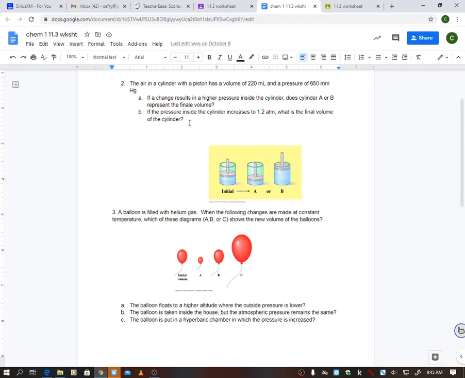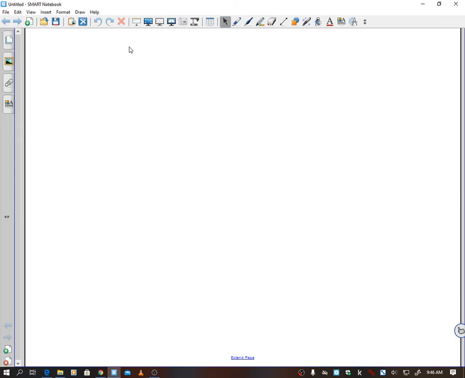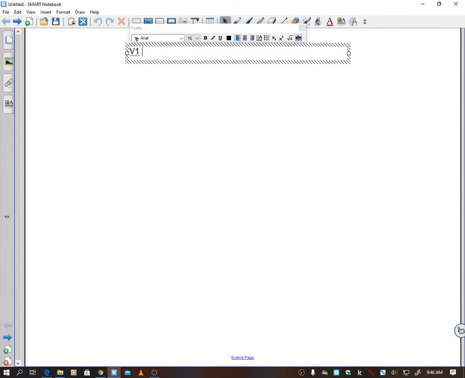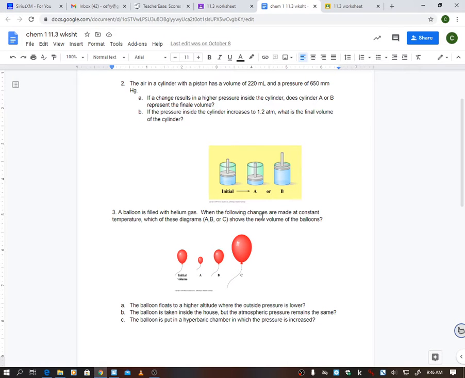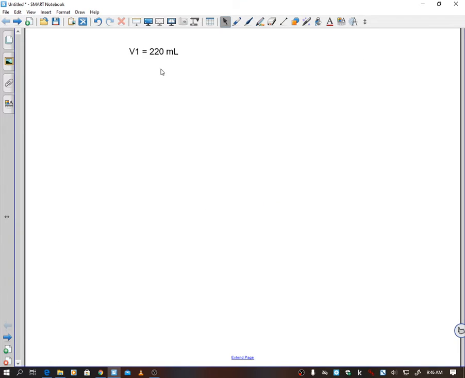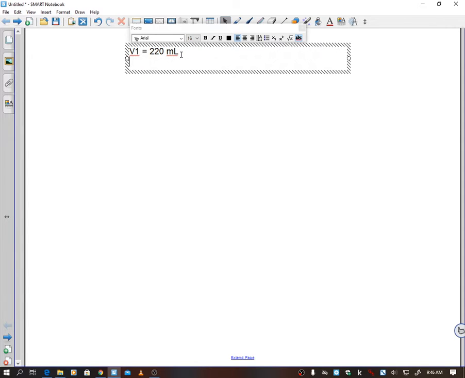Now B is a math problem. I know that my V1 is 220 milliliters, so V1 equals 220 milliliters. My P1 is 650 millimeters of mercury, so P1 equals 650 millimeters of mercury.